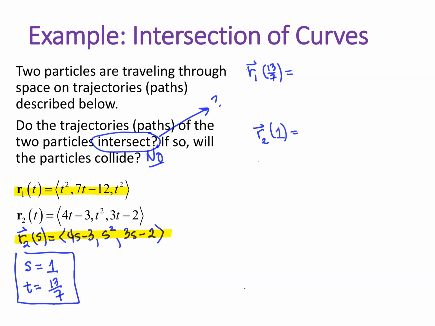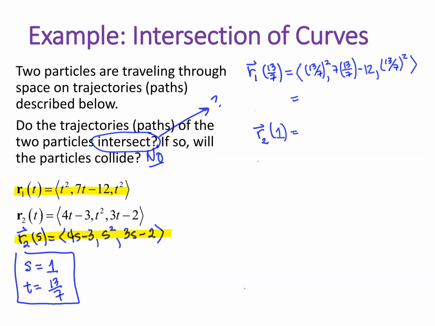Now we substitute into R1 the value of t we found, which was 13 over 7, and we substitute into R2 the value of s that we found, which is 1. Doing those substitutions into our first vector valued function, we would get 13 over 7 squared, then 7 times 13 over 7 minus 12, and then 13 over 7 squared again.